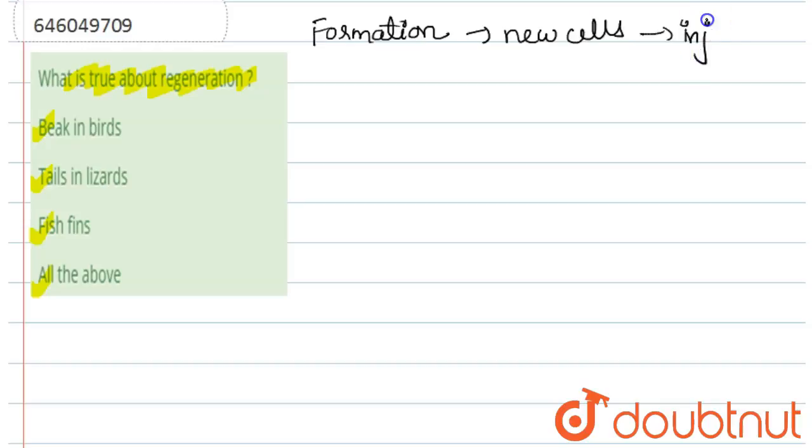So as we all know that formation of new cells or tissues from the injured part of the body is called as regeneration, correct?